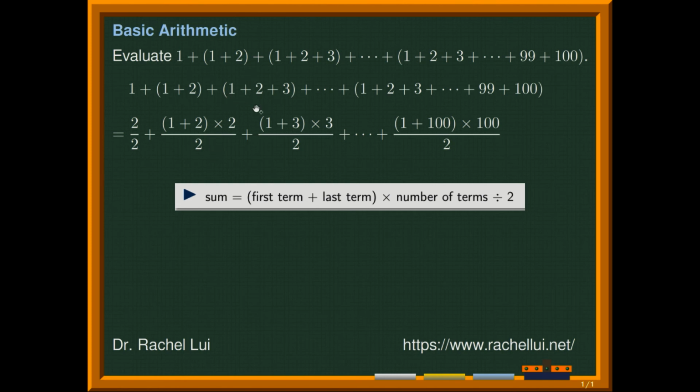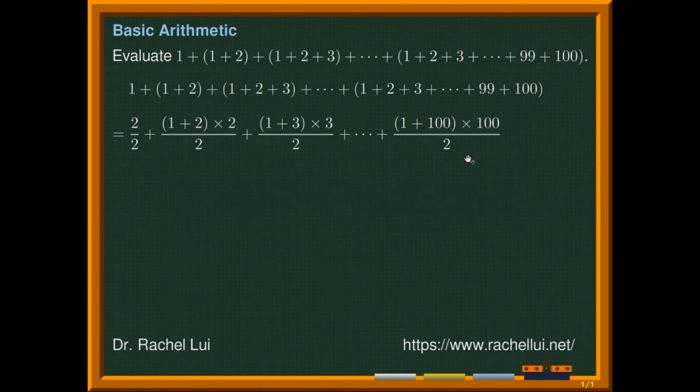And for the third term, the first term is 1, the last term is 3, and there are 3 terms, the whole thing divided by 2. For the last term, the first term is 1, the last term is 100, multiplied by 100 terms divided by 2.